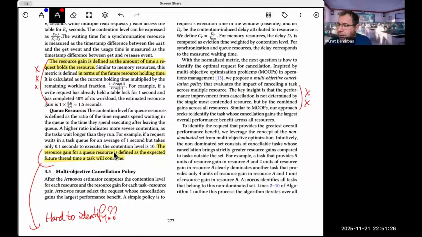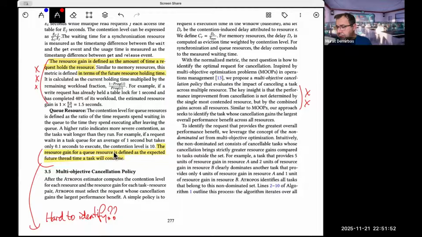Identify the request that provides the greatest overall performance benefit. We leverage the concept of the non-dominated set from multi-objective optimization. Intuitively, the non-dominated set consists of cancelable tasks whose cancellation brings strictly greater resource gains compared to tasks outside the set.